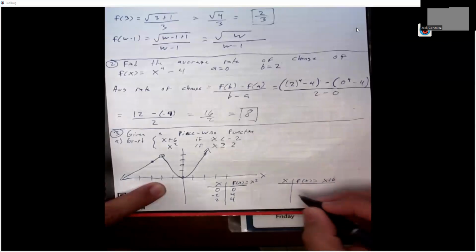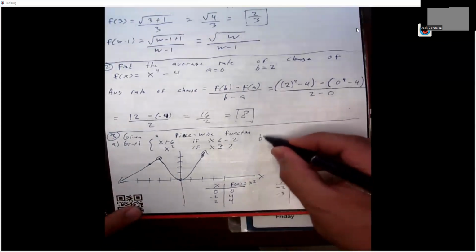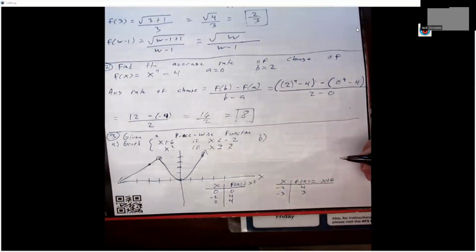Now, if I were to use the other one, if I plug in -2, I get a 4, -3, I get a 3. That's why I got these points. If you want to see the scratch work. Any questions on the graphing?